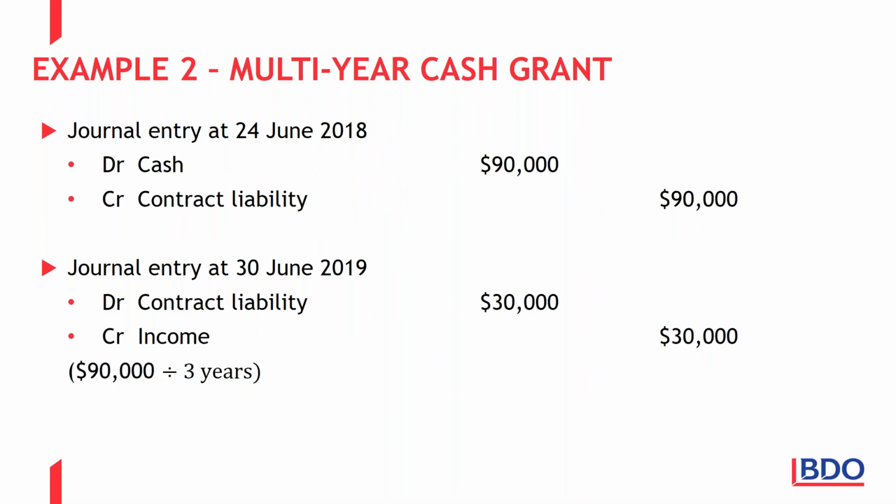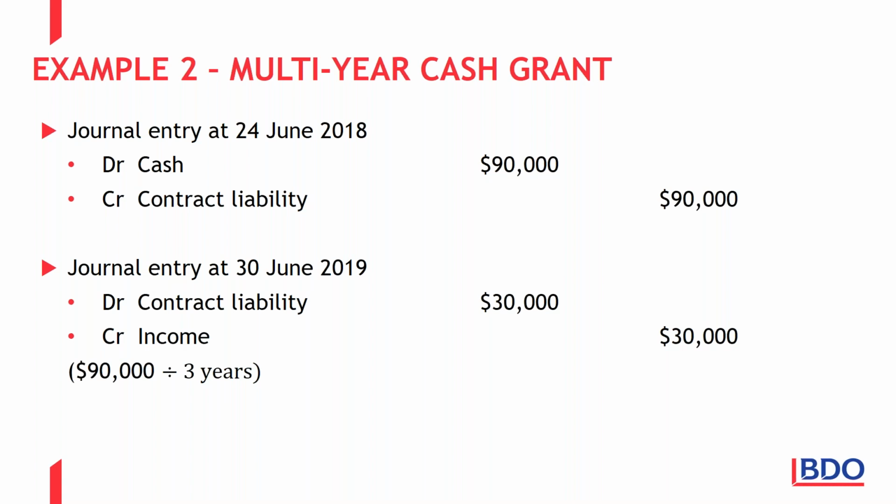What if we received the documentation outlining that we've received the government grant of $90,000 and it's signed by government and us on the 24th of June 2018. However, we actually received the cash in July 2018. What do we do?